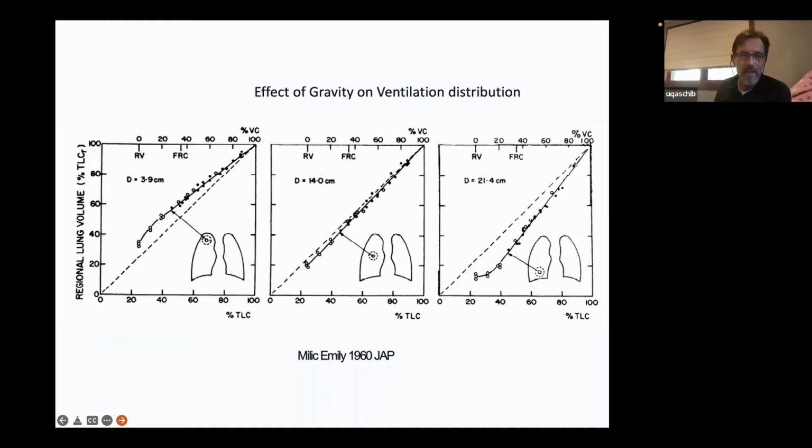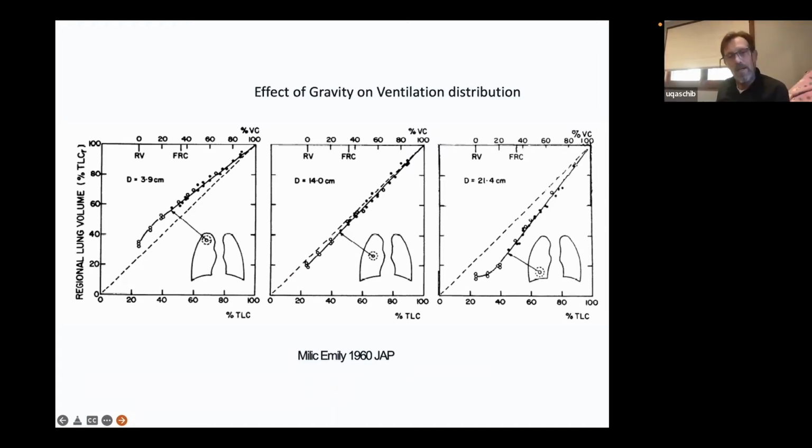And Milic-Emili showed as well quite nicely that we have these three different lung zones, the upper, middle, and lower part of the lung. You can see that the so-called uptake of air is mostly occurring in the lower part.